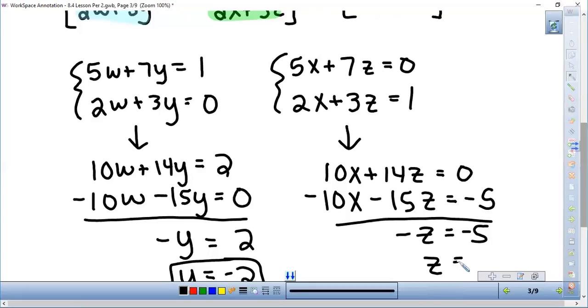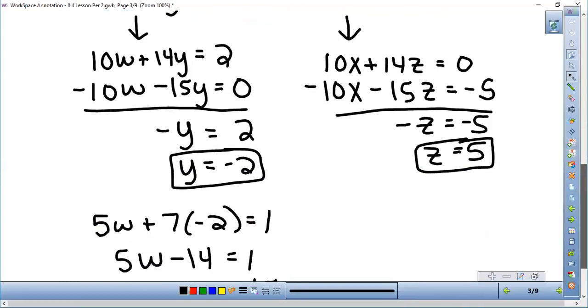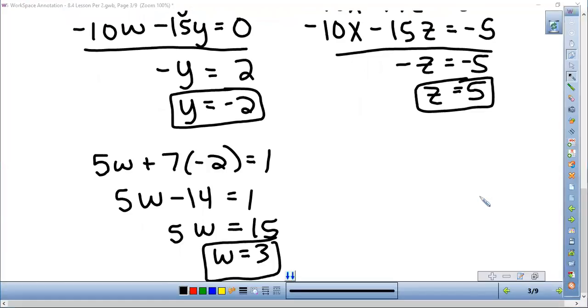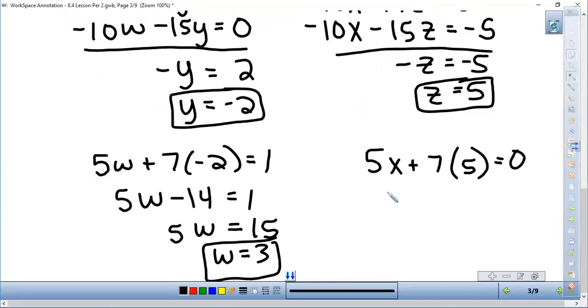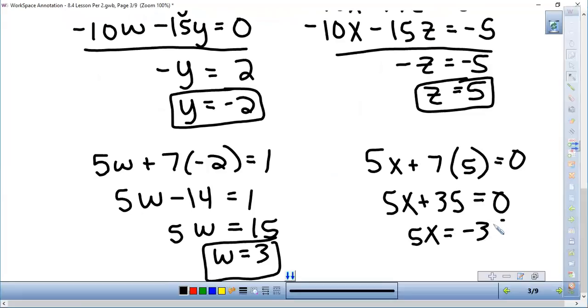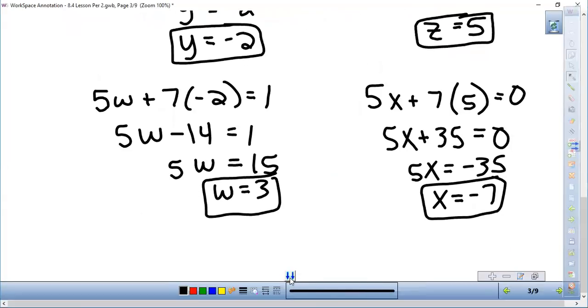So +z would be +5. We'll go ahead and plug that back in to one of our original equations. Okay, so we end up getting that x is equal to -7.